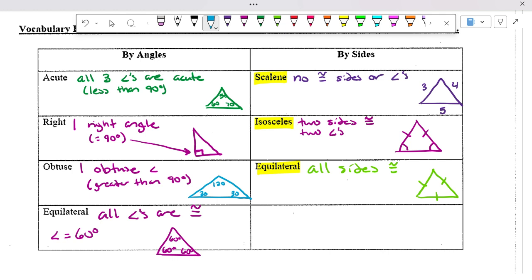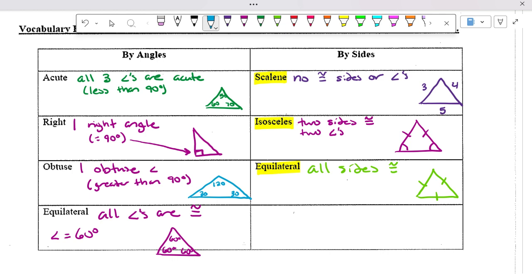Not only did I draw an obtuse triangle, what type of triangle is the one that I just drew? Not only is it an obtuse triangle because of that obtuse angle, it's also isosceles because it has two congruent angles.